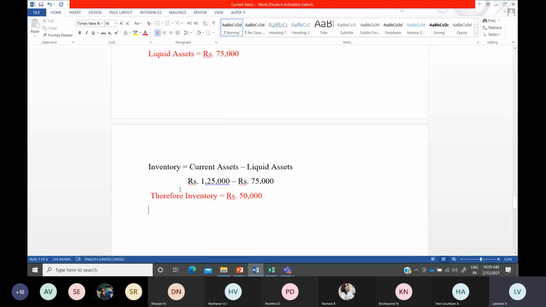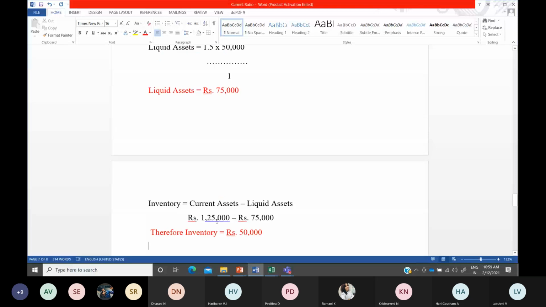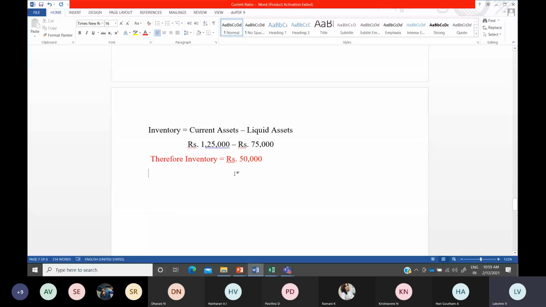Think logically: subtract liquid assets from current assets and you get inventory, with the assumption that there is no prepaid. Okay? Like 3 plus 1 is 4, and 4 minus 3 is 1. Like that only. So here also, current assets minus liquid assets gives you the inventory amount. Okay, can you understand this problem? Yes, ma'am.